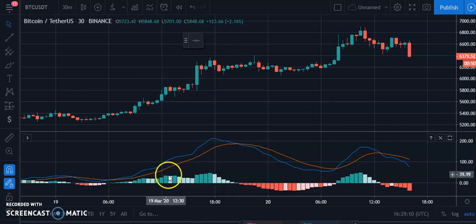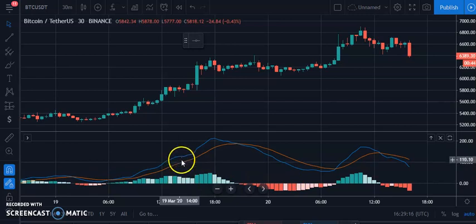Now this histogram is the difference between the MACD line and the signal line. For instance, you can see here that the space between this and this is wider, hence the histogram is big. Same thing applies here.